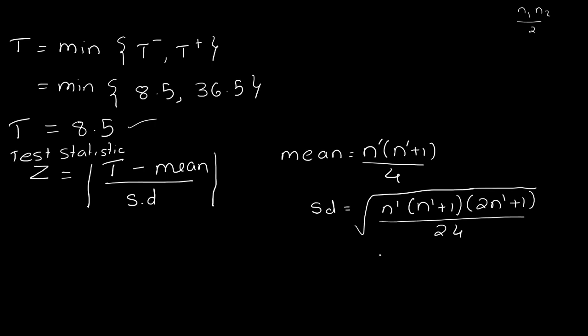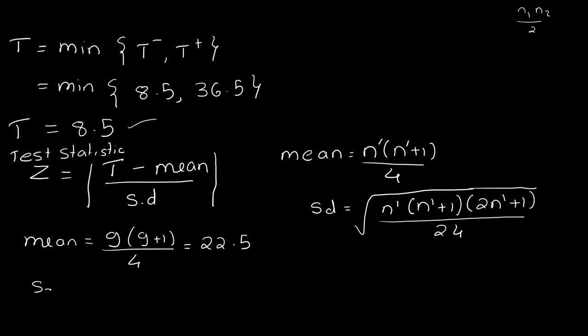Now if I need to calculate this mean, n dash is my 9. So 9 into 9 plus 1 divided by 4 comes out to be 22.5.